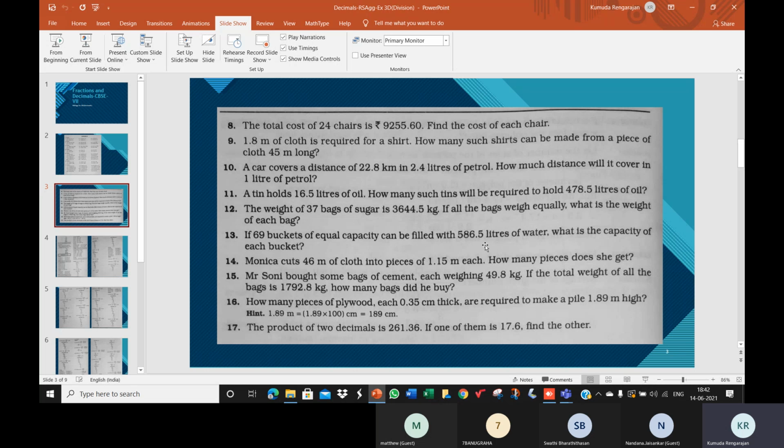We convert the decimal to a fraction. So it becomes 5865 by 10 divided by 69, then division becomes multiplication, and 69 becomes 1 by 69. Just remember this: 586.5 divided by 69.